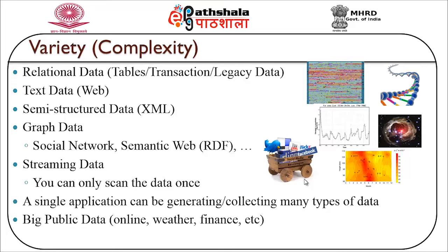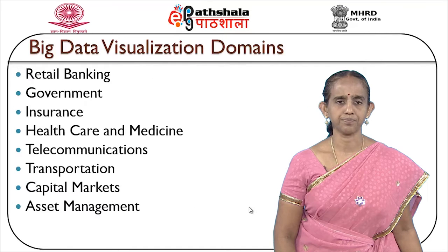It can be streaming data where we can only scan the data once, and a single application can be generating or collecting many types of data, or it can be from some big public domain like online, weather, finance, etc. So these are the variety of data that we get in everyday life.